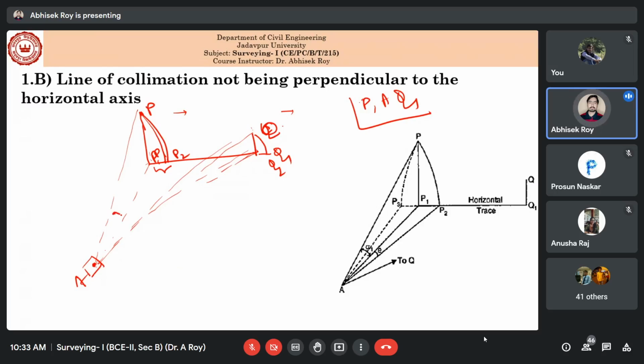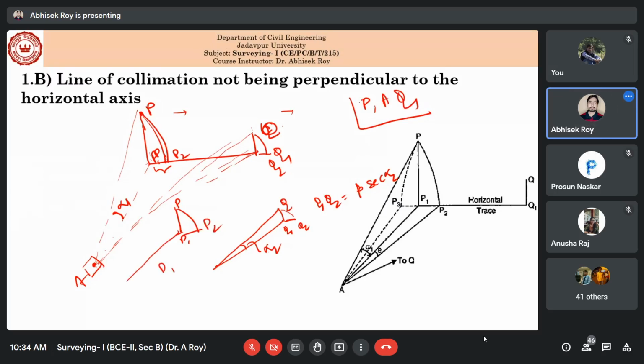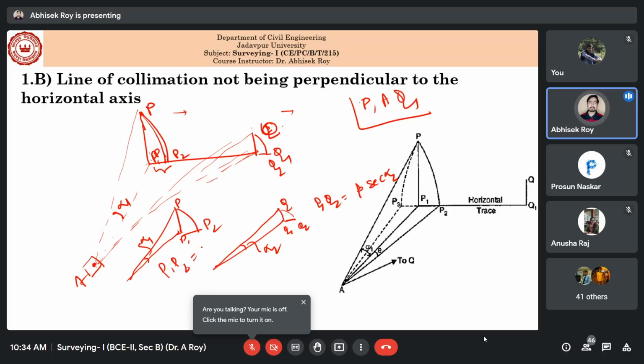Now remember, if this angle is alpha 1, and while seeing Q, if the angle with the horizontal plane is alpha 2, then the error here, that is Q1 Q2, how much will it be? It will be beta sec alpha 2. Like in the case of P1 P2, the P1 P2 error is beta sec alpha 1.